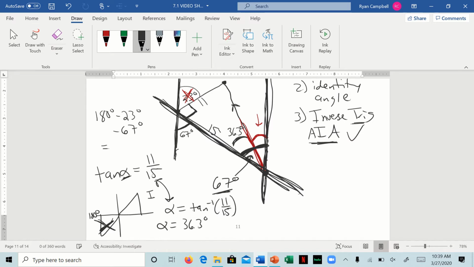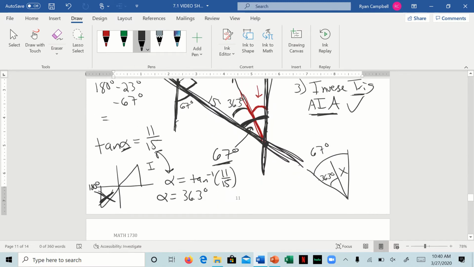The big angle is 67, so if we kind of redrew it, we see that this whole thing is 67 degrees. This little bit is 36.3 degrees. So then how do we find that? We just subtract.